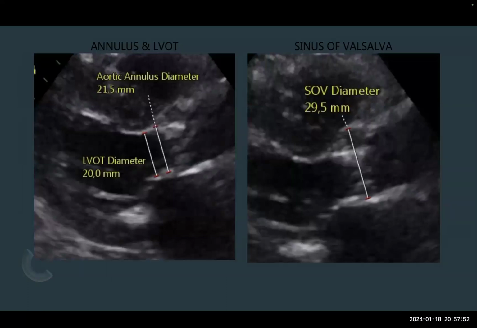What we do on echo is measure the aortic annulus diameter and the LVOT. When the LVOT is small, this can push the valve up and dislodge it. This can compress the conduction system, and the conduction system usually is located in the membranous septum.